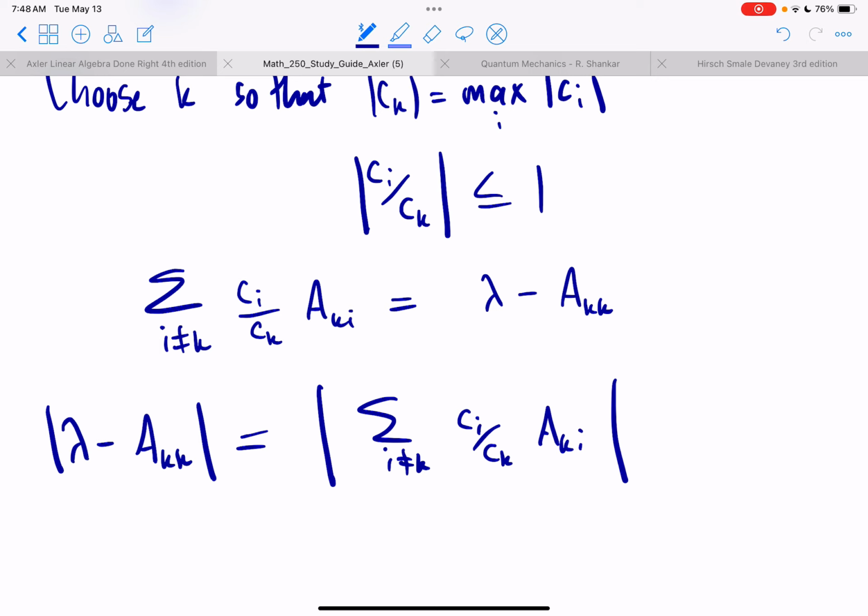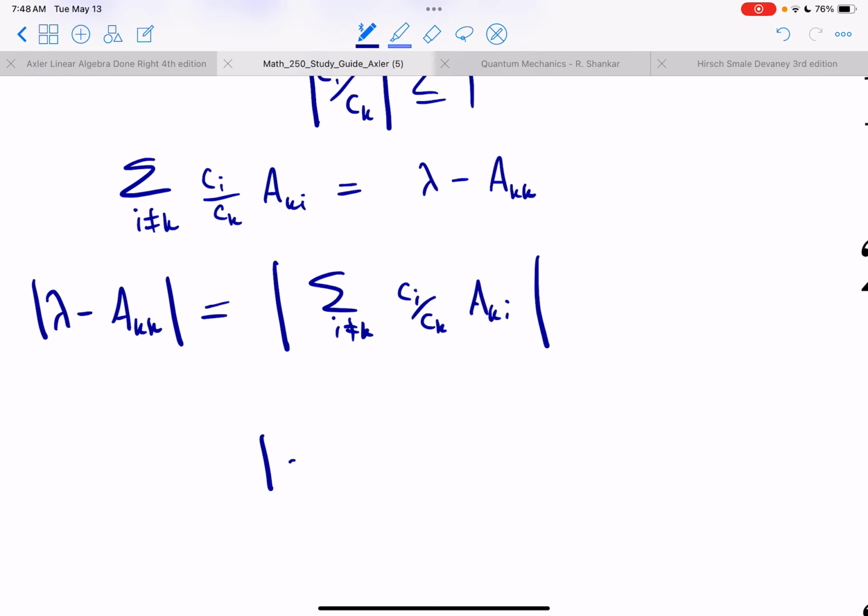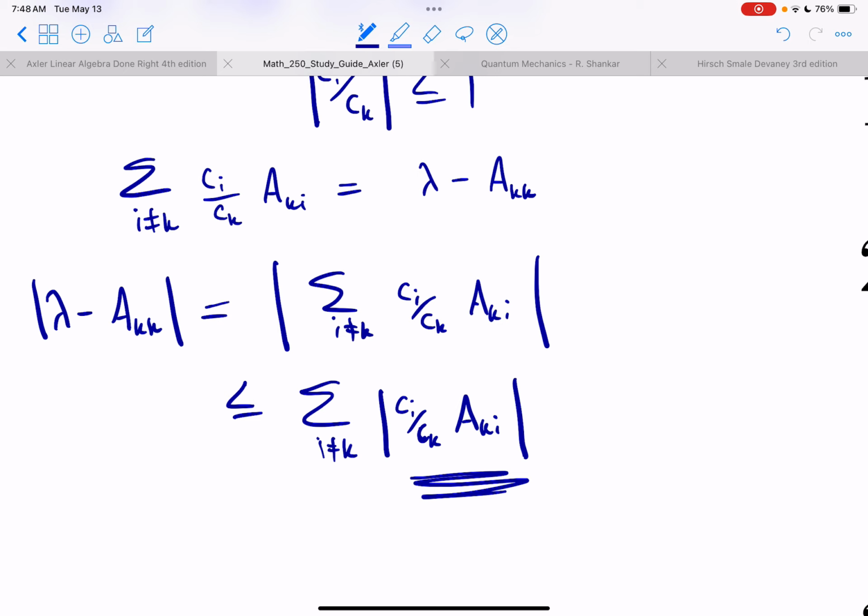But then by triangle inequality, do you know triangle inequality, like a plus b is less than or equal to the absolute value of a plus the absolute value of b? So we're just going to do that to every term in this sum. Okay, and what that means is we can just say this is less than or equal to the sum now of all the c_i over c_k, a_ki. And the absolute value of a product is just the product of the absolute values.